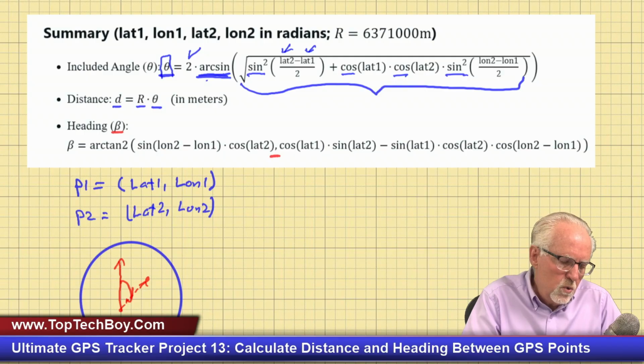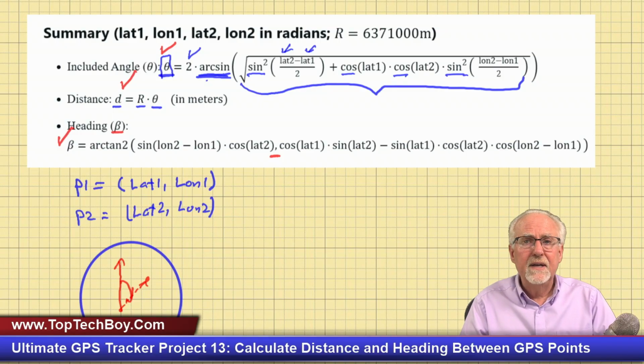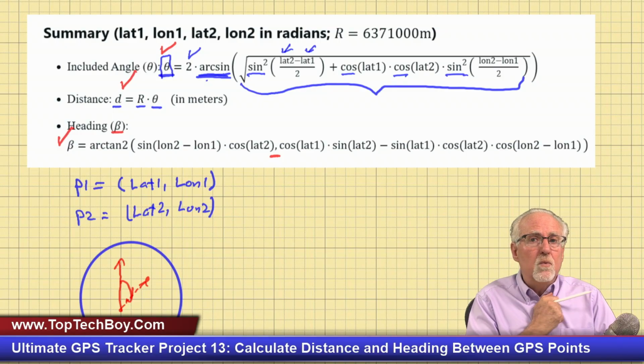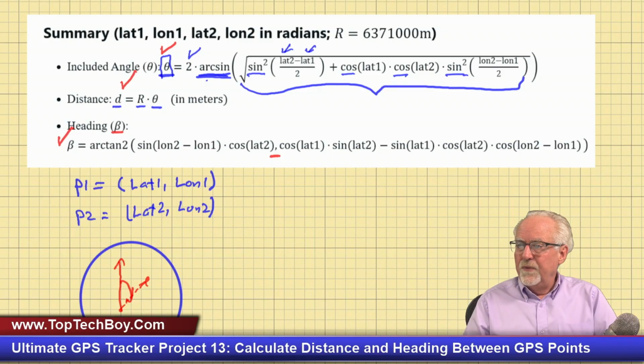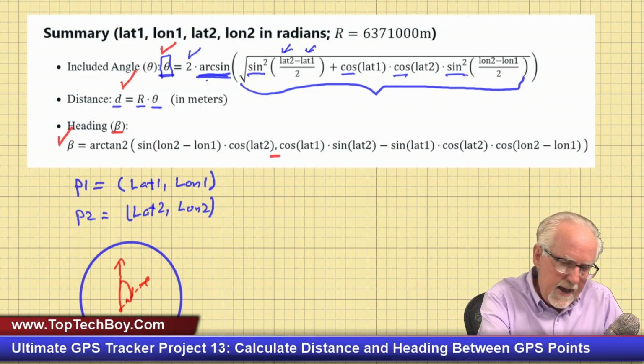So now you have an equation where you can calculate the included angle. You can calculate the distance between 2 points, and you can calculate the heading. If I'm starting at point 1, what angle do I need to walk in order to get to point 2? So that is the math, all right? That is the math.